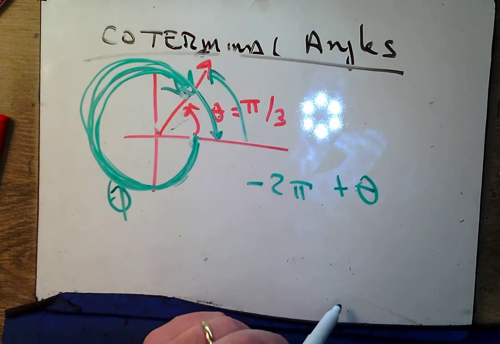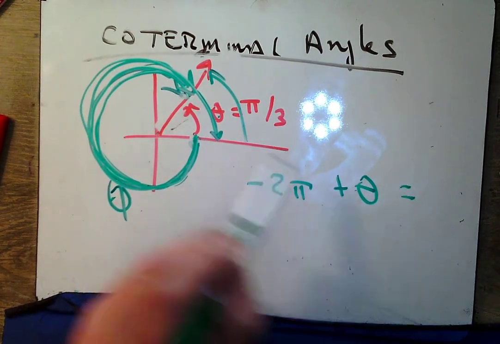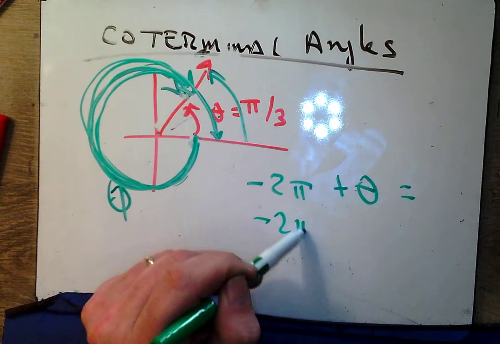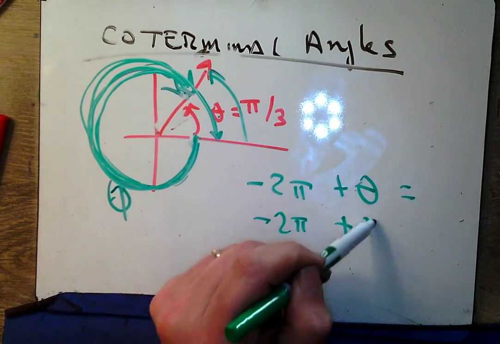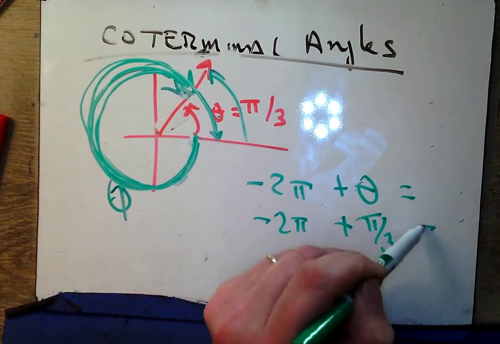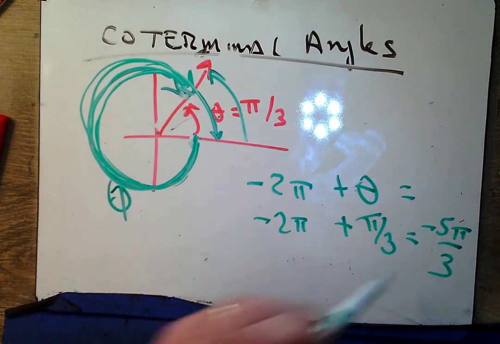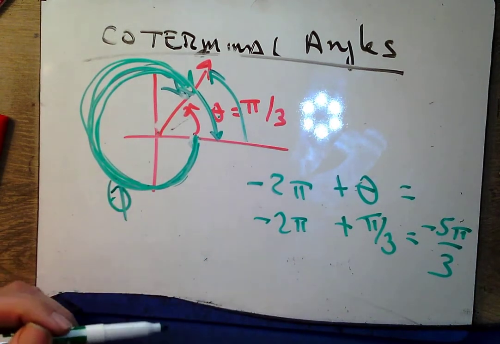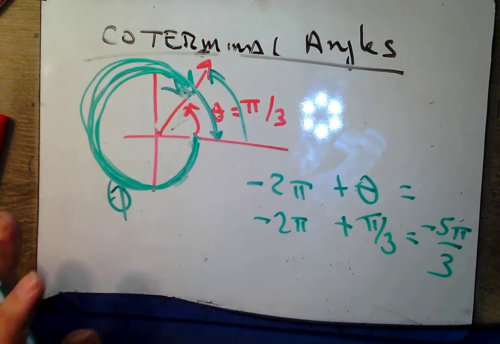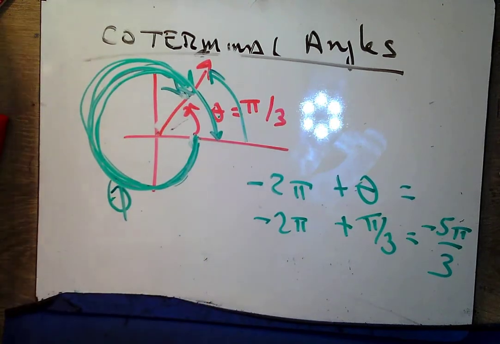And what's my angle? Pi over 3. So minus 2 pi plus pi over 3, yep, negative 5 pi over 3. And so you can conceptualize it that way. But I think this is the most common way that students figure out how to find coterminal angles.